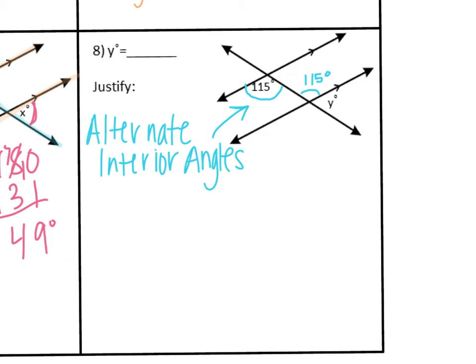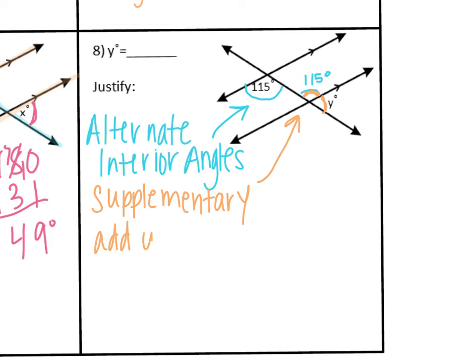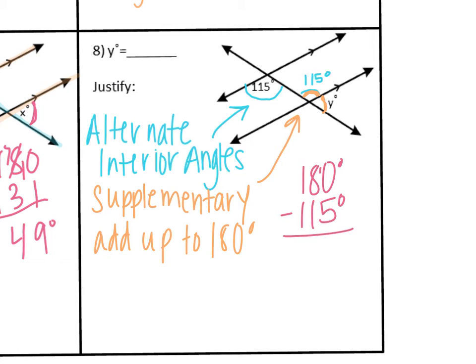I can find the value of y because I know that this 115 degree angle and this angle right here are supplementary. This means that those two angles add up to 180 degrees. So to find y, I am going to take 180 degrees and subtract 115.